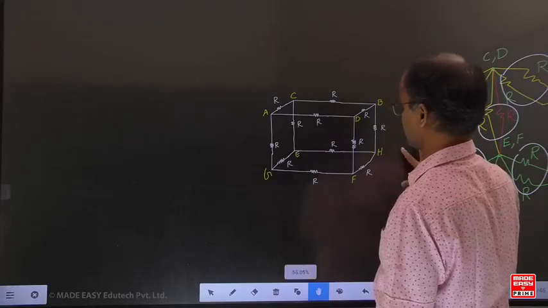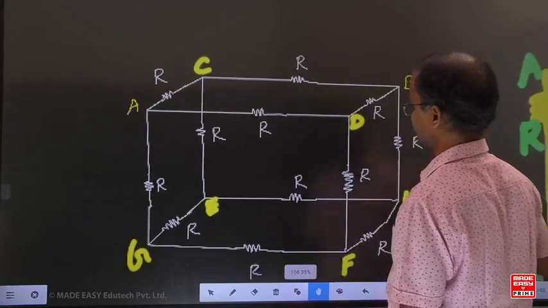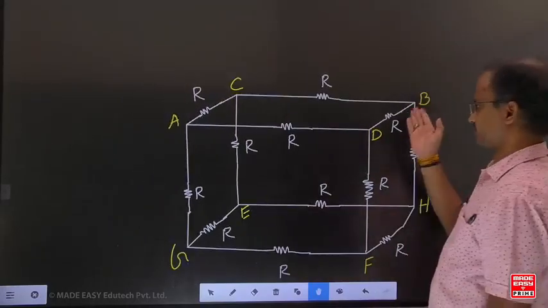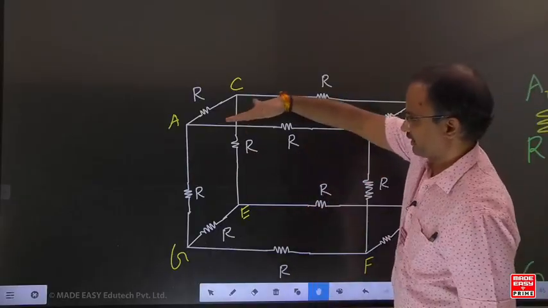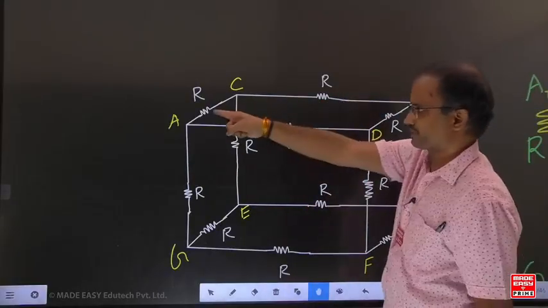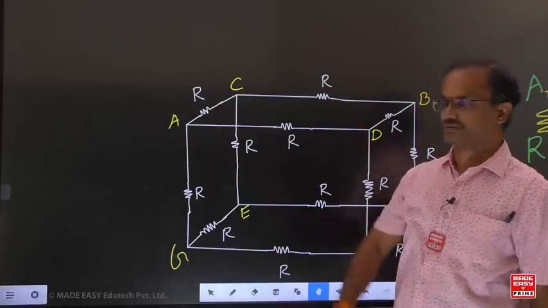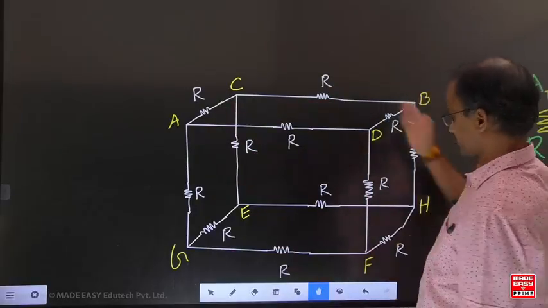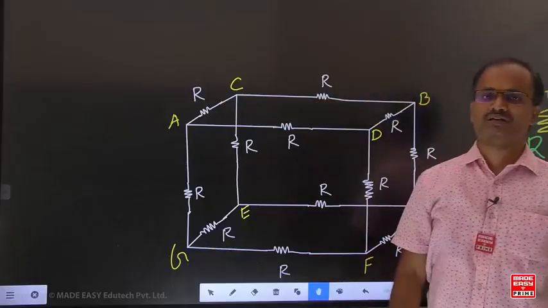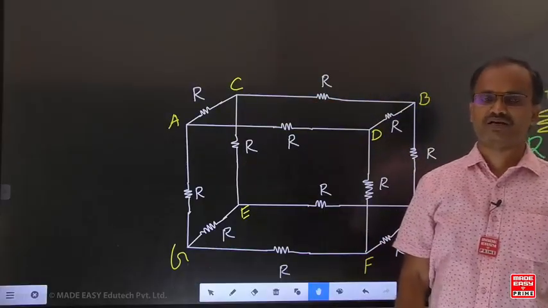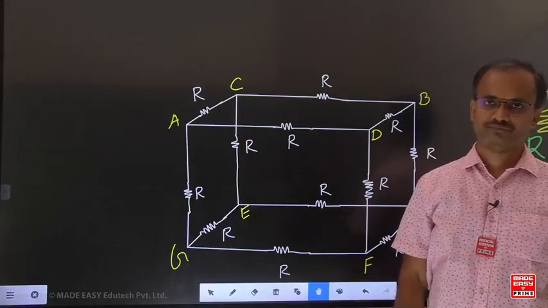The reason is that in this particular example, we need the equivalent resistance with respect to A and B. If you put your hand across this A and B, on the top side we can view only these two resistors, but on the bottom side you can observe this entire network. With respect to A and B points, we cannot define symmetry here.